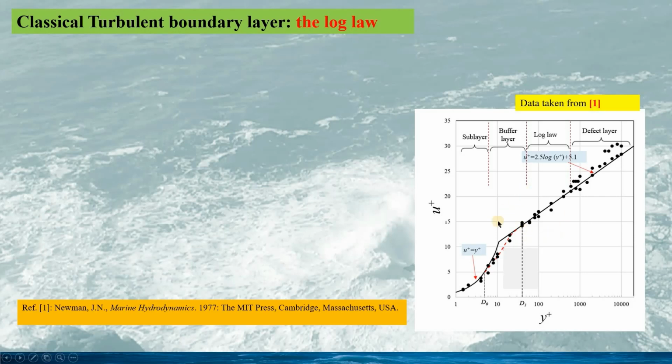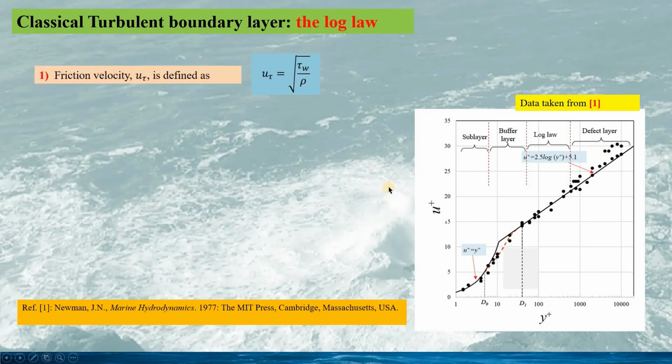Generally, for the boundary layer, we have 4 different layers. The layer close to the wall is called the viscous sublayer, and above that there is a thin layer called the buffer layer. And then we have the log-law layer, and the outermost layer is called the defect layer.